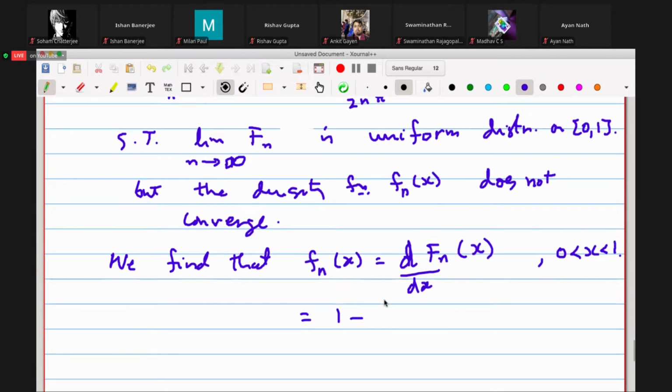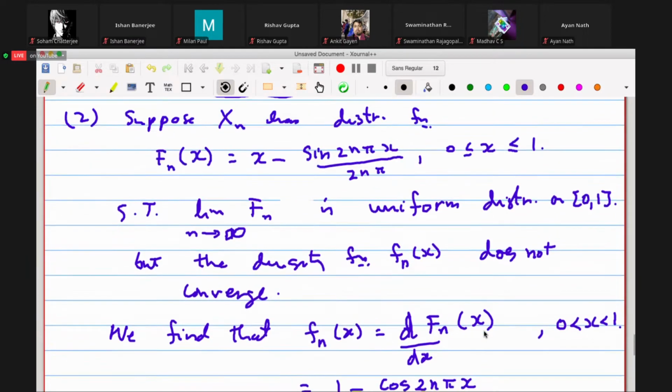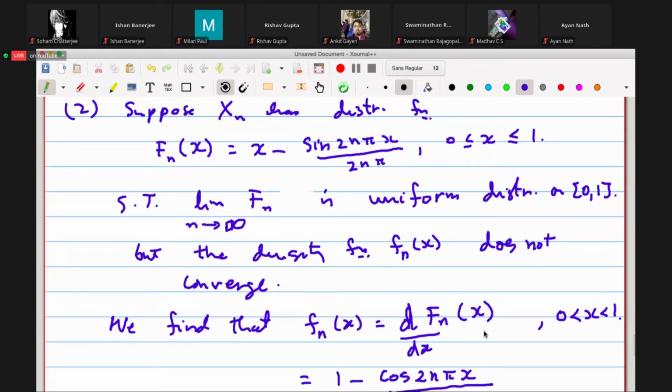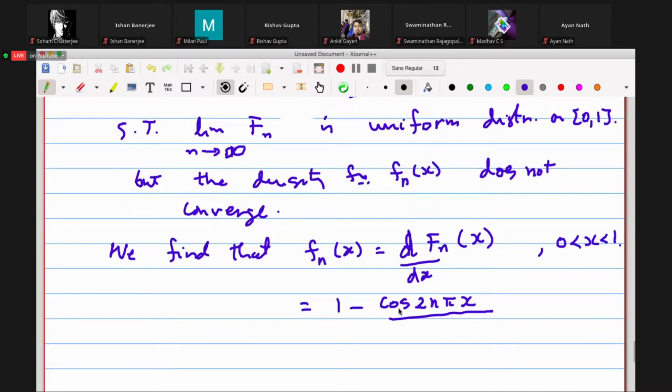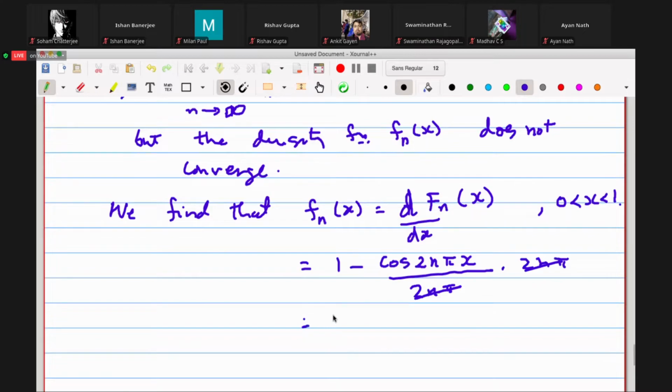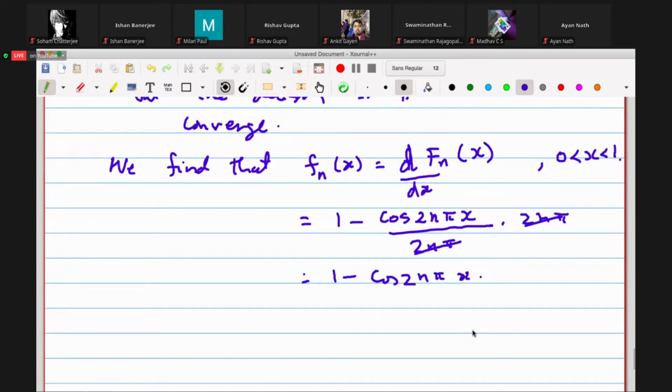So cos 2n pi x divided by 2n pi, and there is already a 2n pi, so this and this cancel, and I get 1 minus cos 2n pi x. And this, of course, has no limit as n goes to infinity.